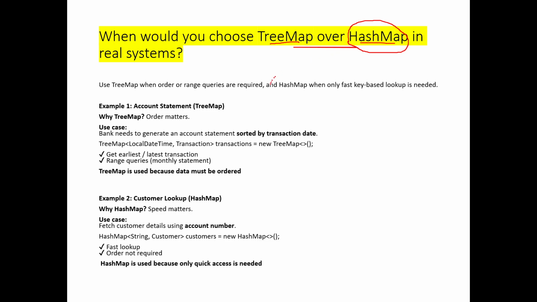But whenever we need sorting order, at that time you will use TreeMap. Order matters here, whereas with HashMap speed matters. It's simple, you can say. So here you see the example. Here customer account ID and customer details.